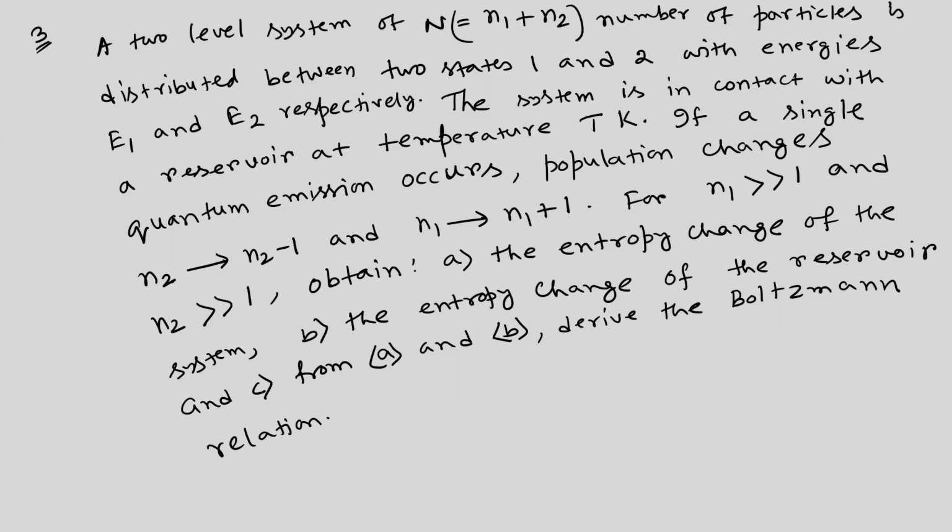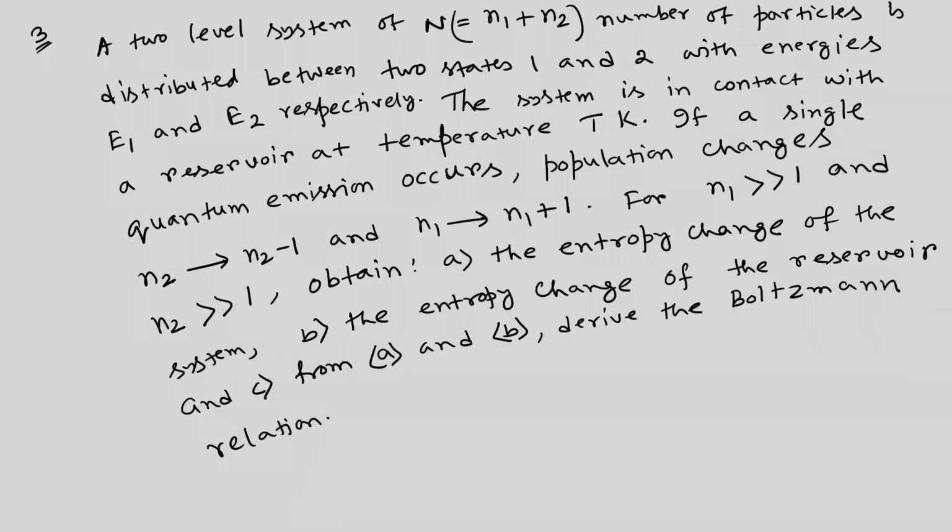So, this problem states a two-level system of total N number of particles, where capital N is the total number of particles equal to n1 plus n2, distributed between two states 1 and 2 with energies E1 and E2. So, the number of particles in energy E1 is n1 and the number of particles in energy level E2 is n2 at the beginning. The system is in contact with a reservoir at temperature T Kelvin.